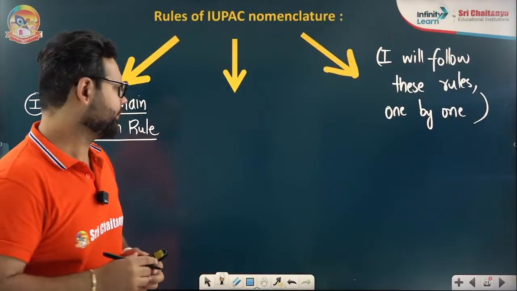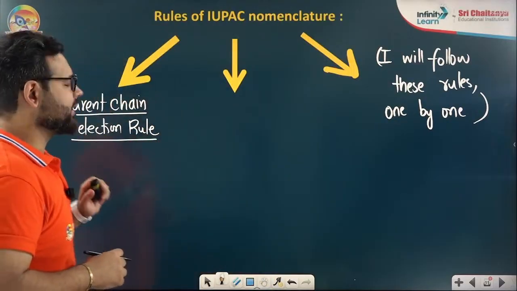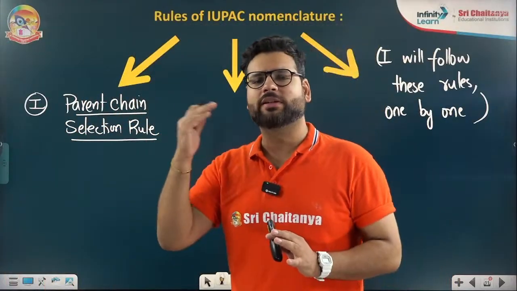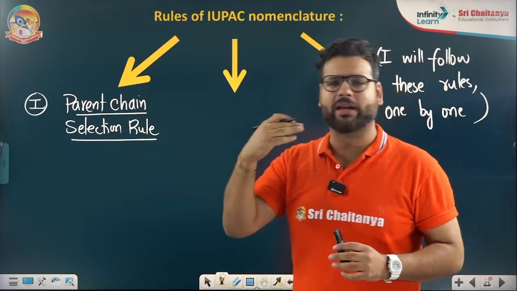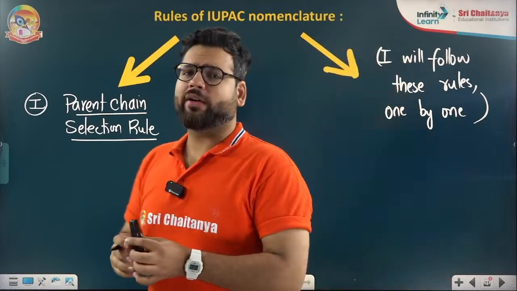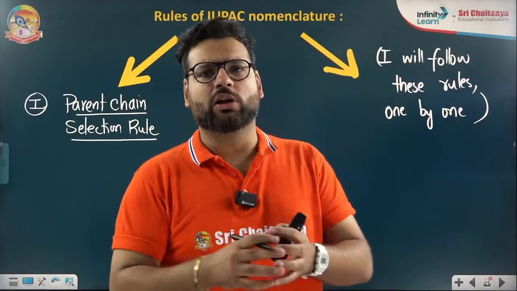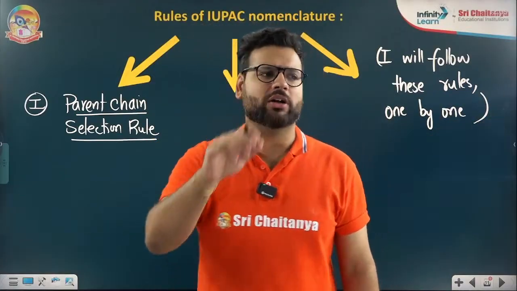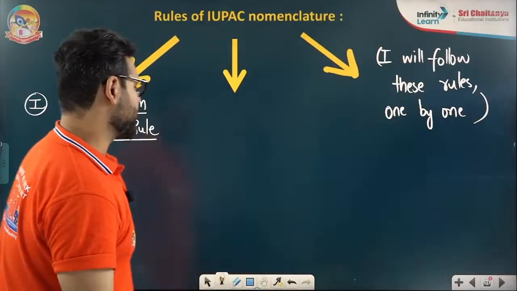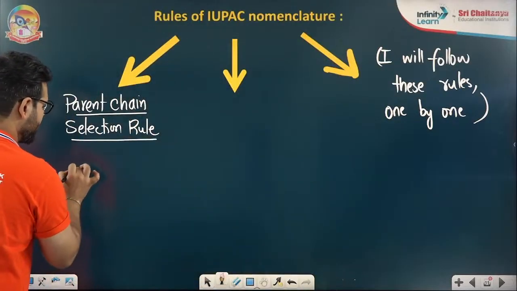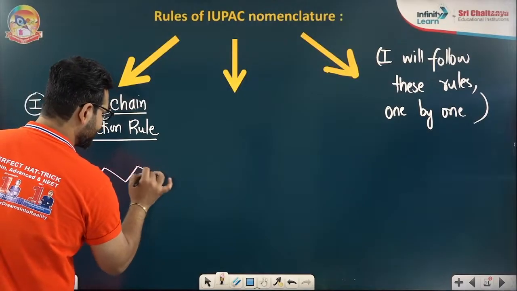Don't skip them. First of all, do not call it the longest chain rule. Otherwise, you have a wrong notion in your mind that the parent chain is always the longest one. It is not correct. Don't keep that wrong notion in mind.